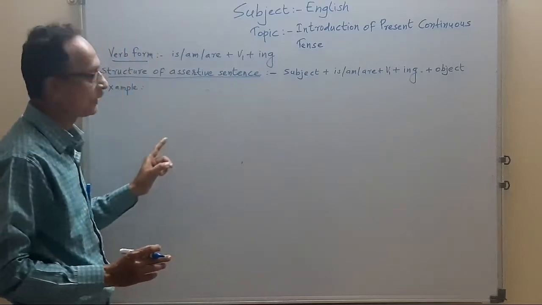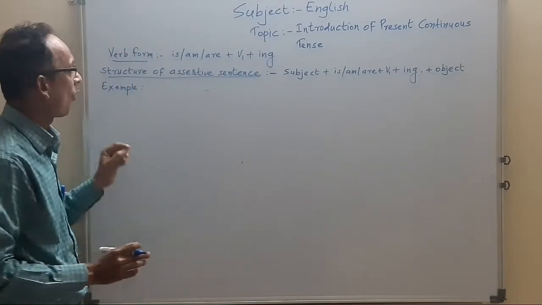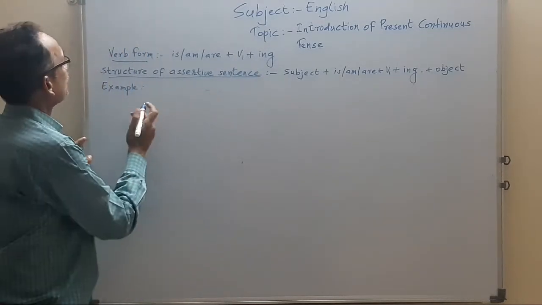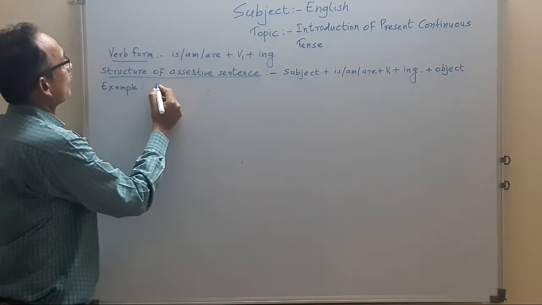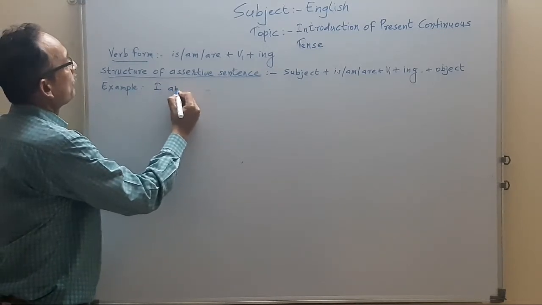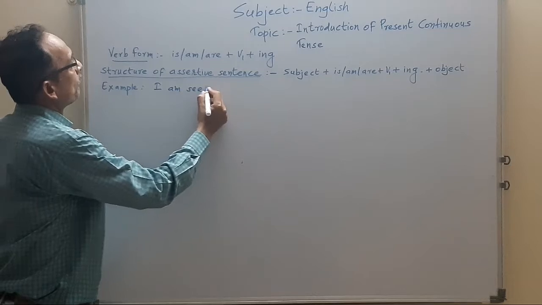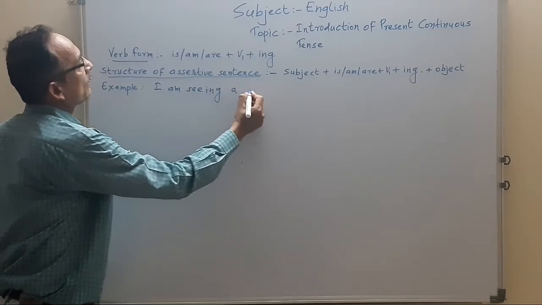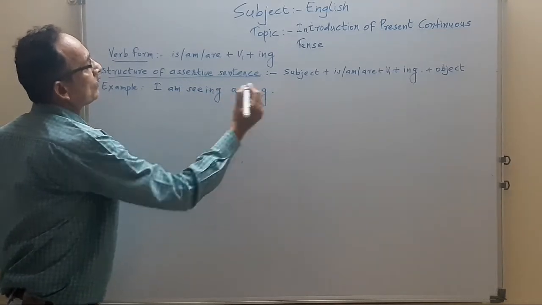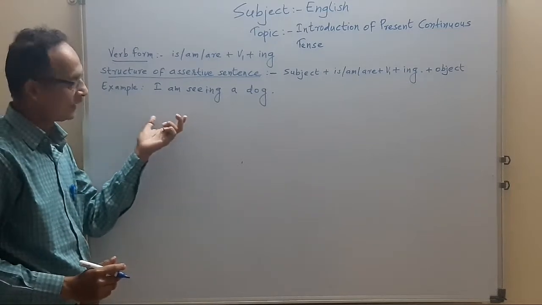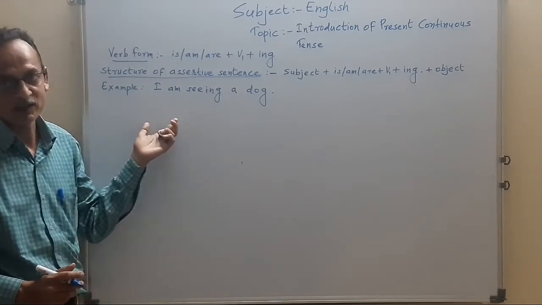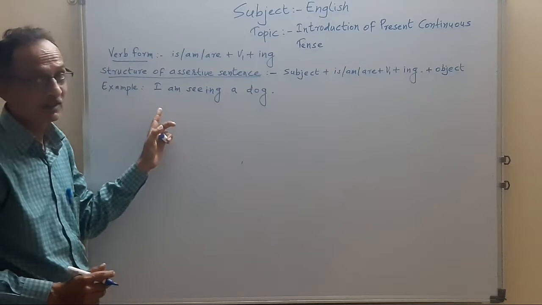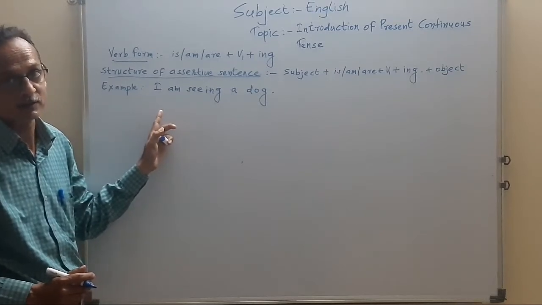Let me take one example of present continuous tense: I am seeing a dog. I made an assertive sentence in present continuous tense.